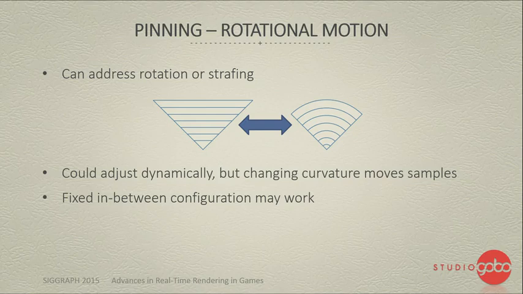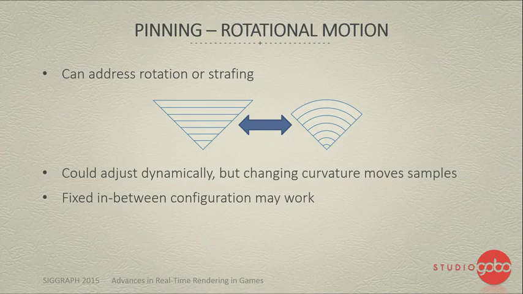We spent some time looking at doing a dynamic optimization, which looked at how the camera was moving every frame and then adjusted the sample layout. But the very act of changing the layout of the samples causes them to move in the volume, so you get aliasing. So it's a kind of catch-22 situation. We did find that for some simple camera motions, a fixed in-between configuration may work.